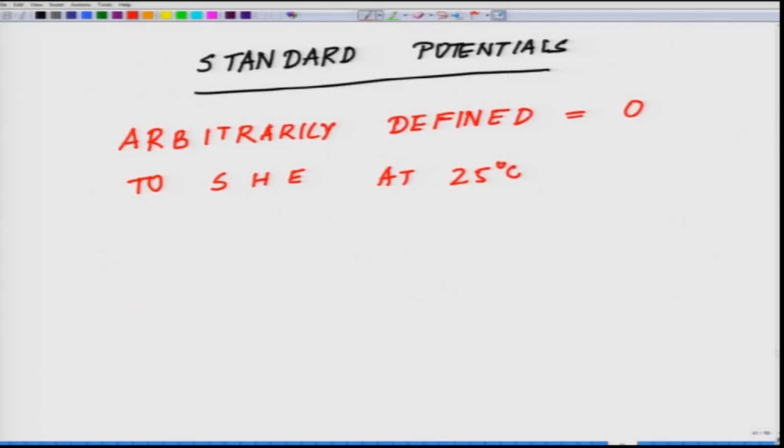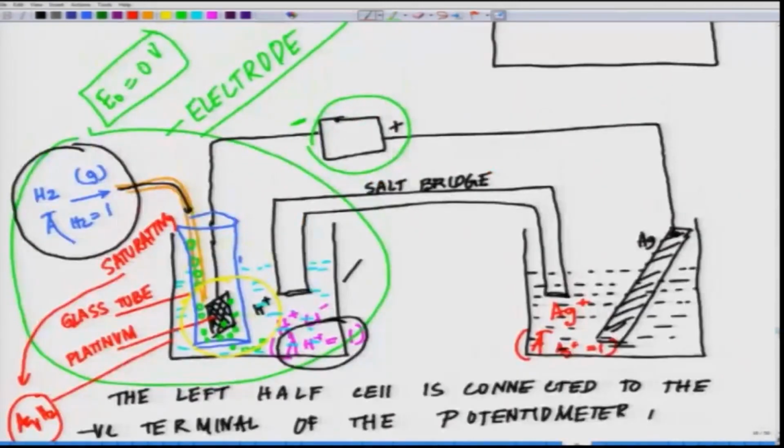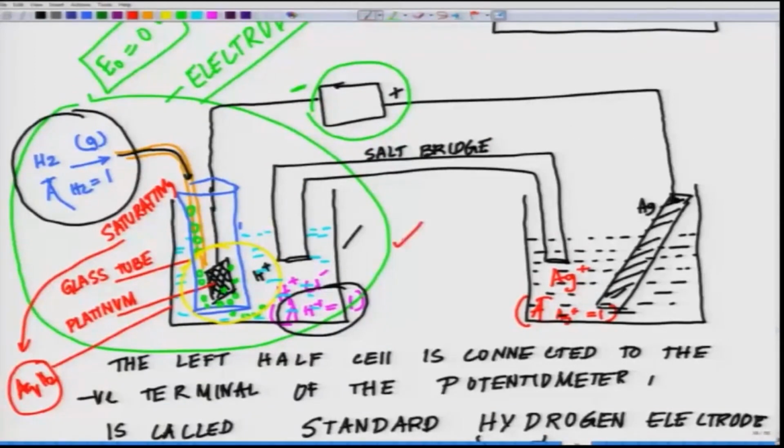The voltage measured by the meter in this particular figure, where we saw the hydrogen electrode, is very interesting when you attach this half cell to another half cell. Try to understand the reaction.